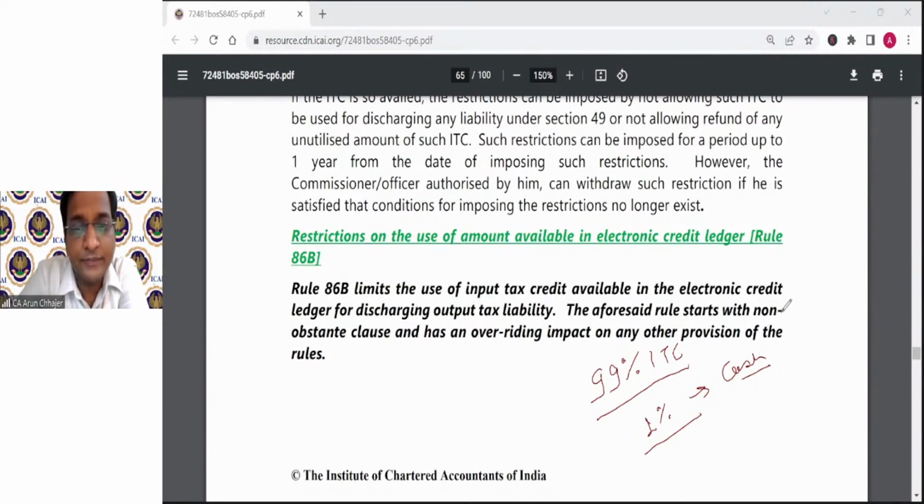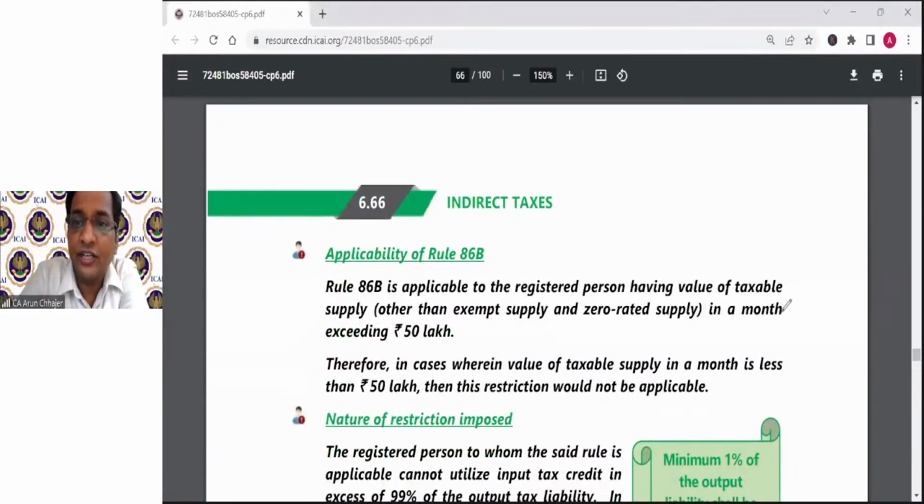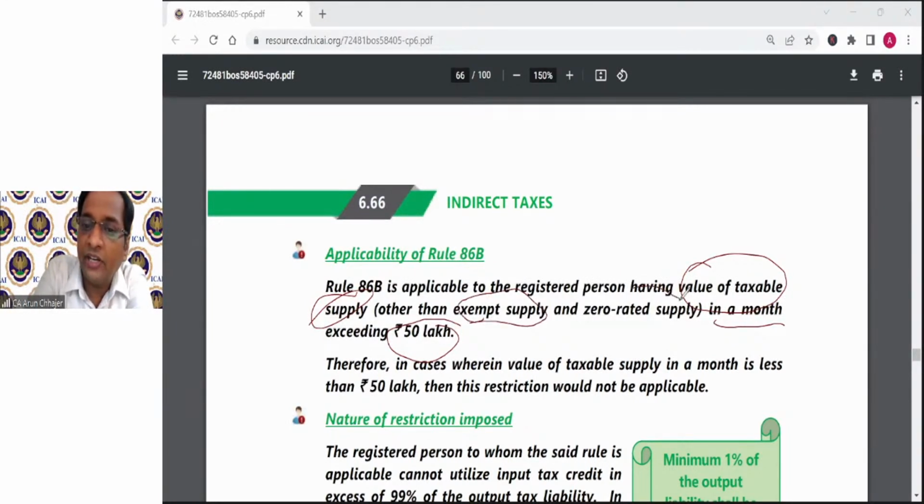What is the 86B? 86B says that if the value of taxable supply in a particular tax period, in a month, exceeds 50 lakh, then in this calculation of 50 lakh, we will not consider exempt supply and we will not add zero rated supply.